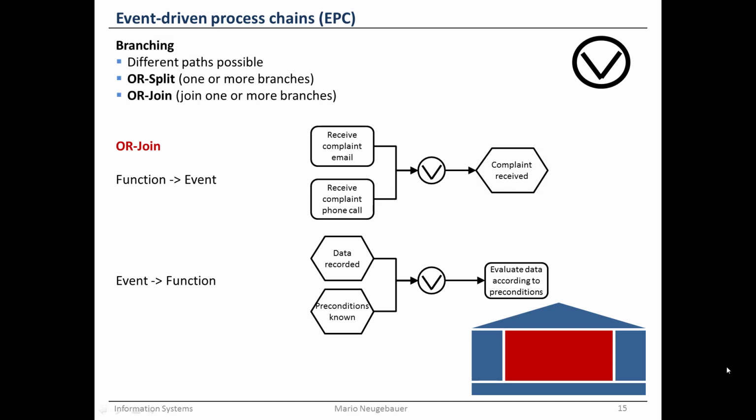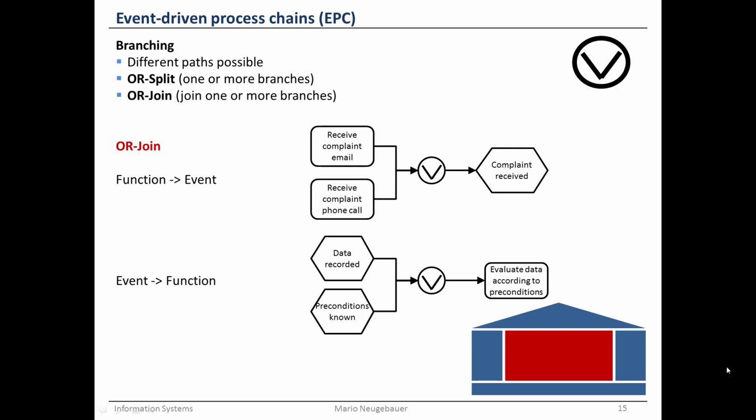So you have a follow-up of the function. The follow-up is your event, and it doesn't matter what function is finished. After finishing one of these functions, there's only one event, complaint received.